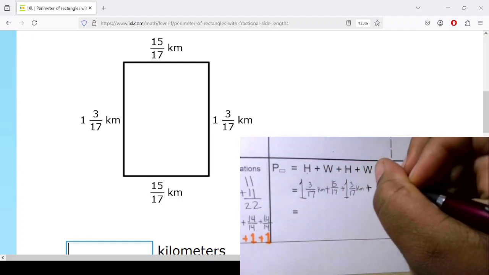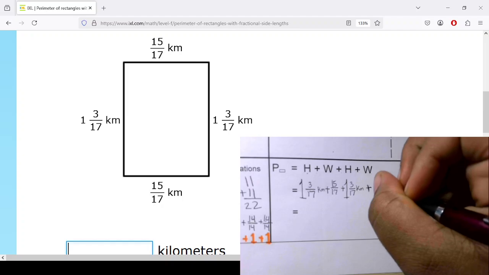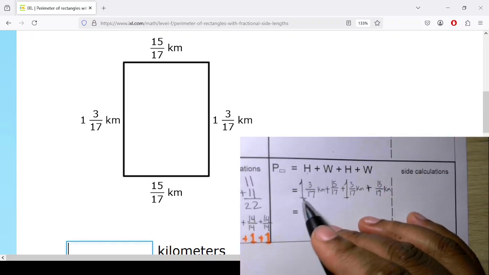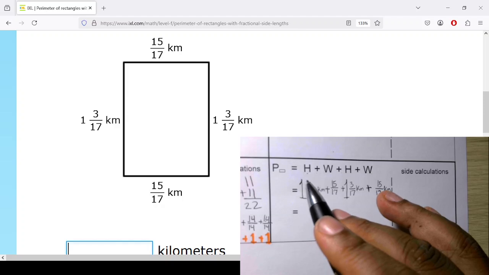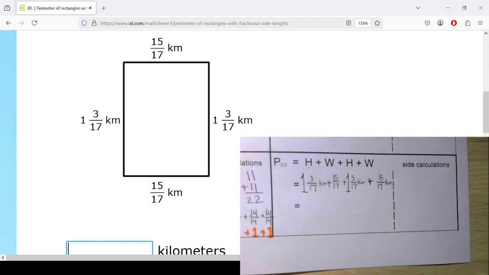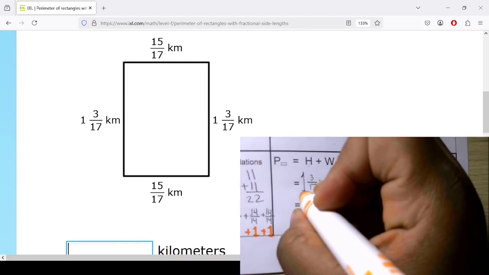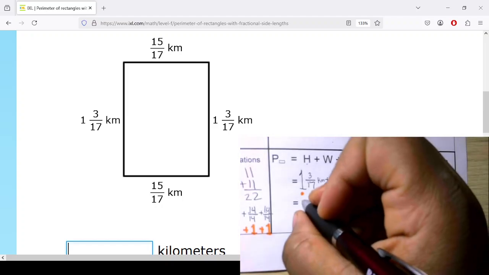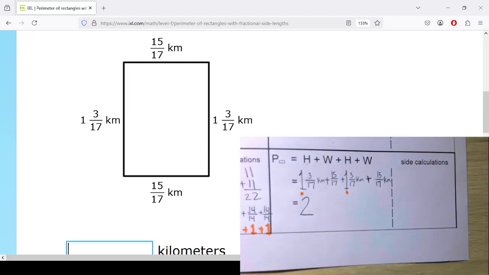Plus 15/17 of a kilometer. So I'm going to add up my whole number parts. 1 whole unit plus 1 whole unit. That's going to give me 2 whole units.